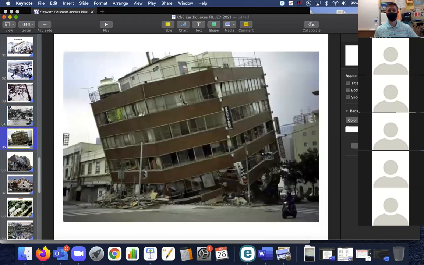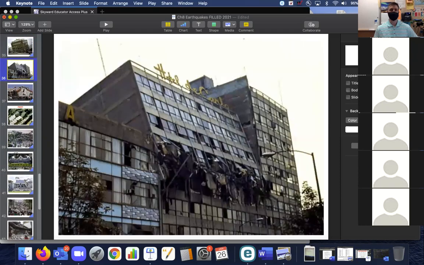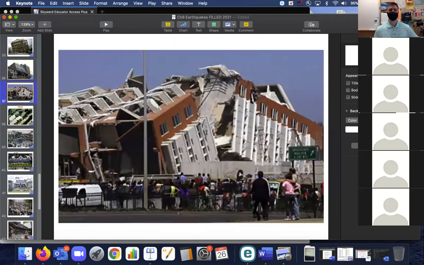This is not Alaska. I don't know where this is, somewhere in Asia. I'm not sure where the Hotel De Carlo is, but it was broken. I'm not sure where this one is either, but a building fell over.